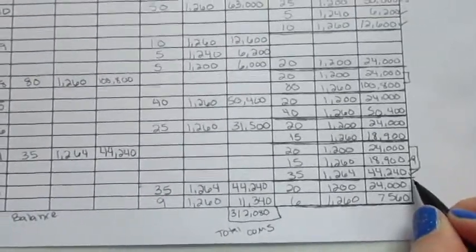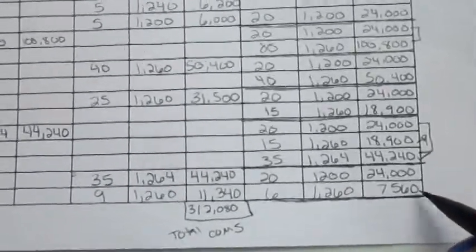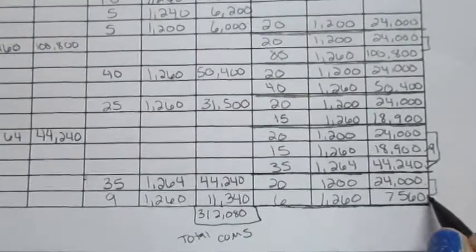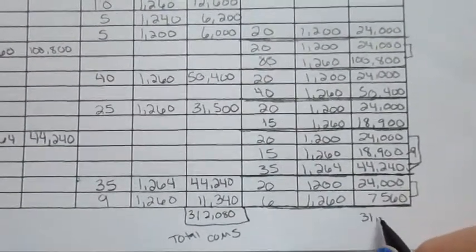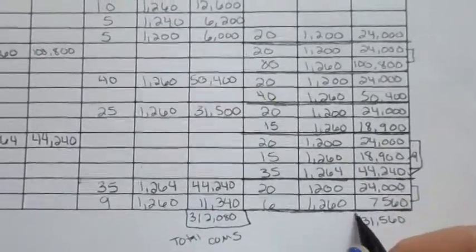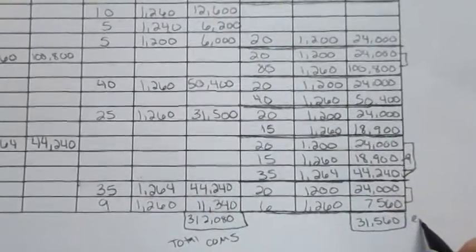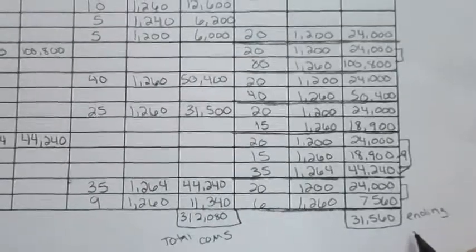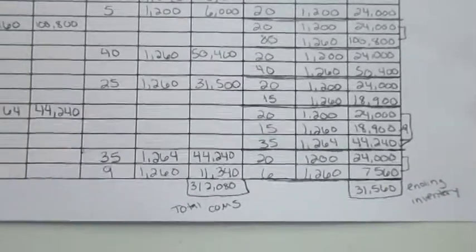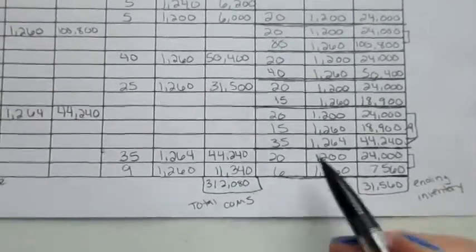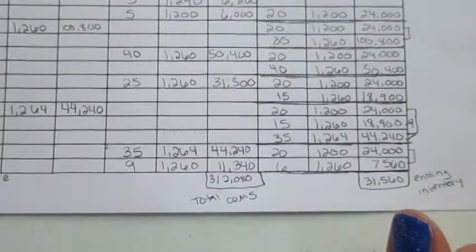Over here, we were already keeping track of our inventory, so all we have to do is take these last two numbers and add them together, and we'll find out that our ending inventory is right here. Okay. So this is our total cost of merchandise sold and our ending inventory.